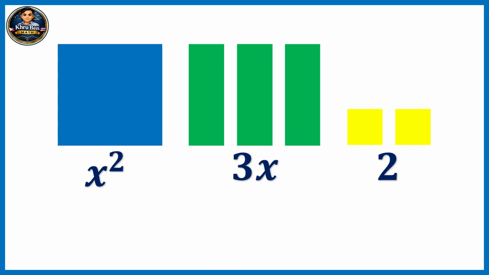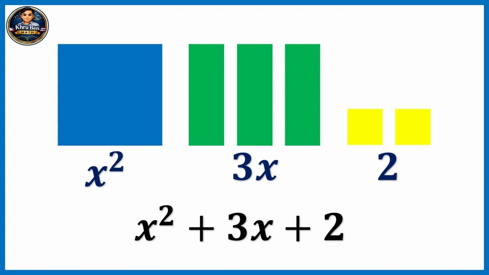Therefore, the algebraic expression is x squared plus 3x plus 2. Notice that we can read the algebraic expression directly from the tiles. This is the important idea we need to remember.